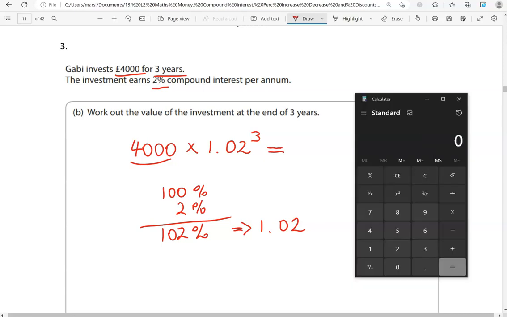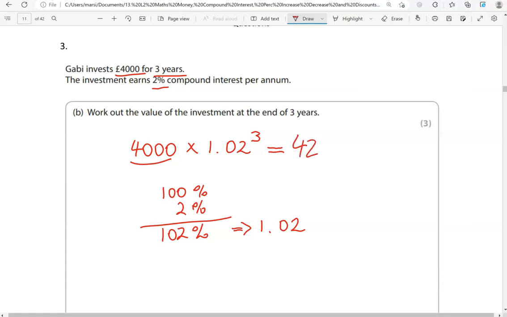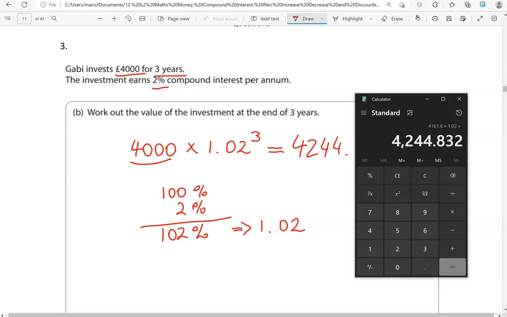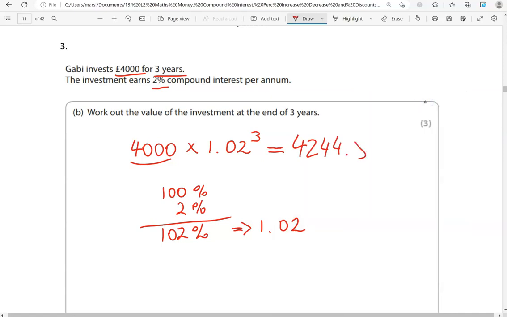So we'll do this using a calculator. 4,000 times 1.02 times 1.02 times 1.02, so 3 times. If you have a scientific calculator, you can just do to the power of 3. But if you don't, don't panic. So the answer is 4,244.832.